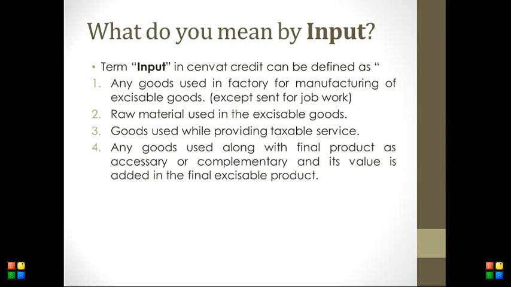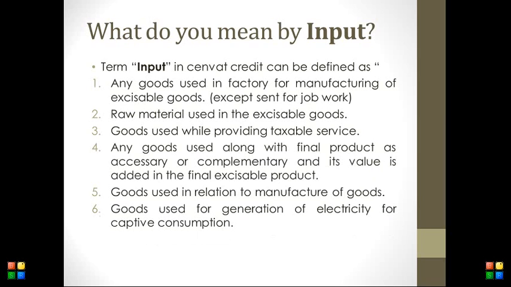Any goods used along with the final product as an accessory or complementary, and its value is added in the final excisable product, are known as inputs. Goods used in relation to manufacture of the excisable products, and goods used for generation of electricity for captive consumption, are also known as inputs.